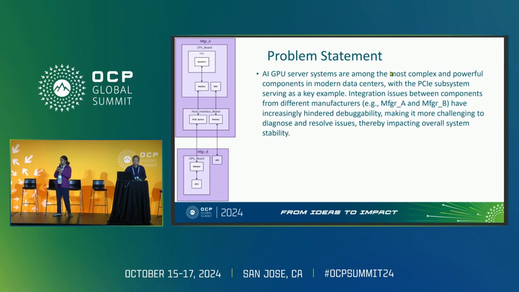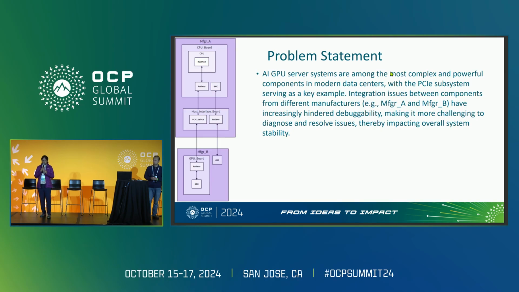So the whole problem statement here is AI GPU server systems, as we all know, are very complex and very powerful components in the modern data center. With the PCIe subsystem serving as a key example of the same, it alludes to the fact that there's a number of integration issues that you see stitching the whole system together.